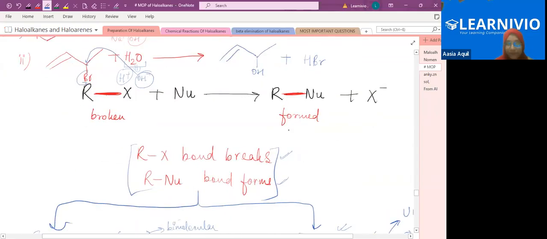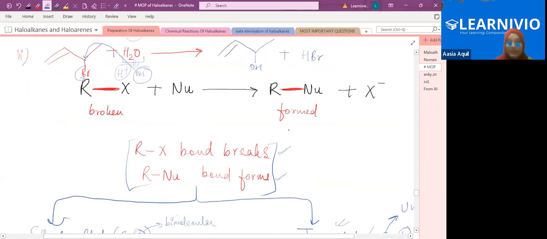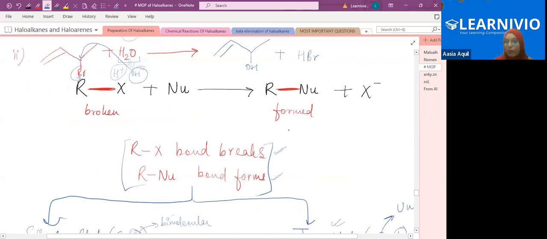Yes, ma'am. Okay. We have also discussed that any nucleophilic reaction is basically a substitution reaction, right? This reaction consists of the breaking of the R-X bond and the formation of a new bond with the nucleophile, right?